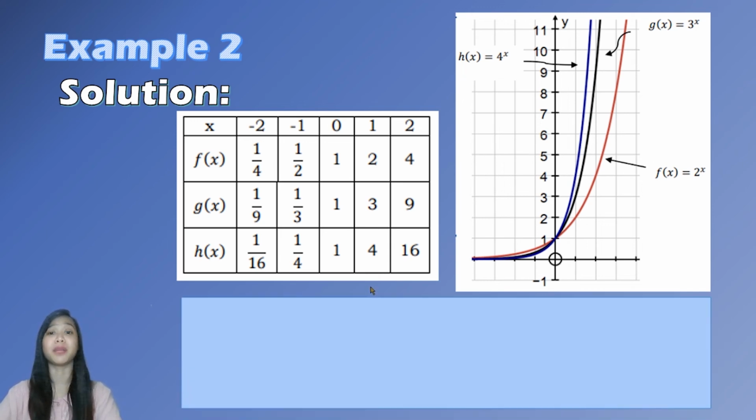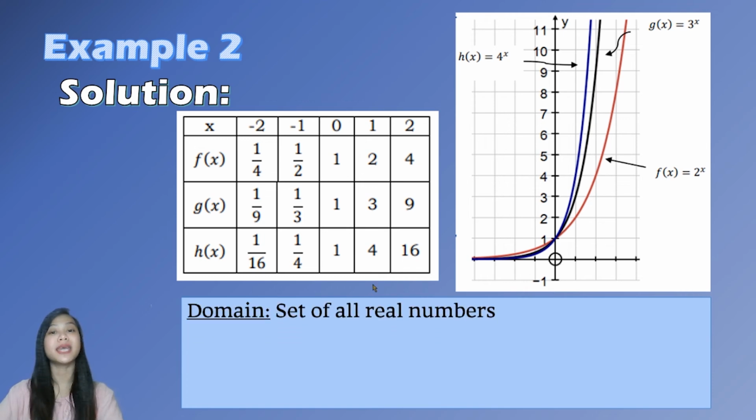So here are the remarks and the characteristics of our graph, or the exponential function itself. These three functions have a domain, which is the set of all real numbers.